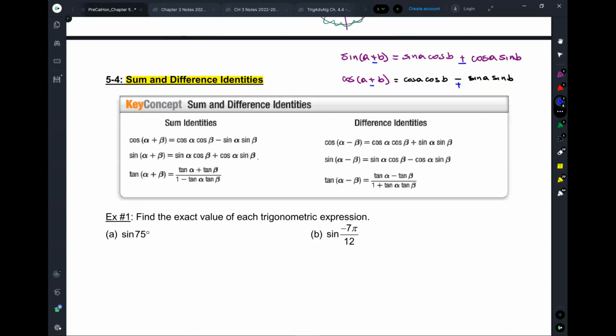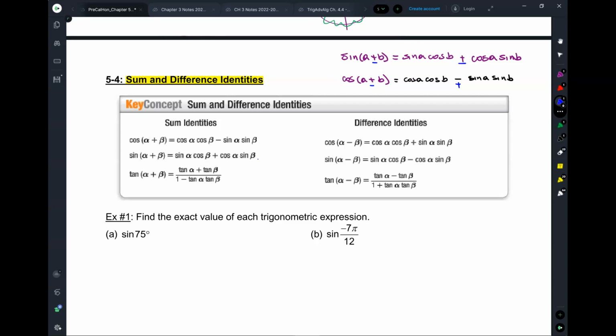Trust me, if you use it as many times as we're going to use it, it just sticks. So for the tangent, it's tangent of this plus tangent of that, and then 1 minus tangent, tangent. Even though it looks very complicated, students really don't have trouble remembering it, okay?